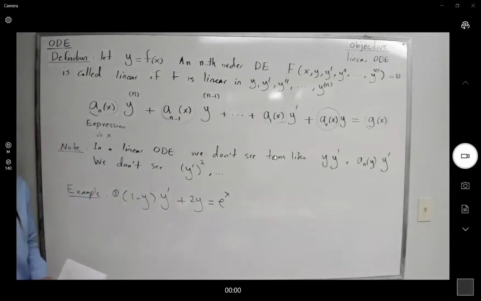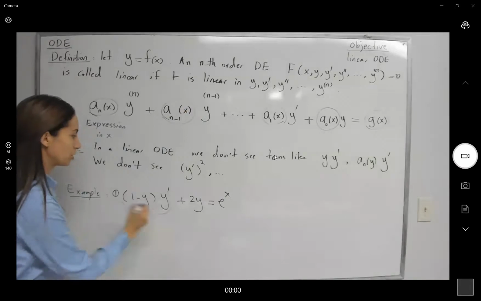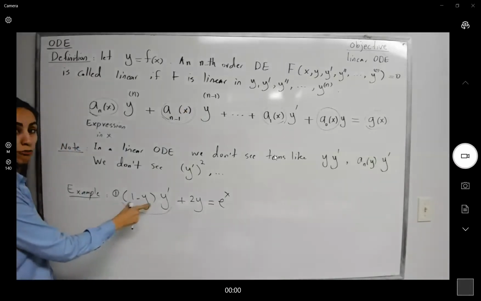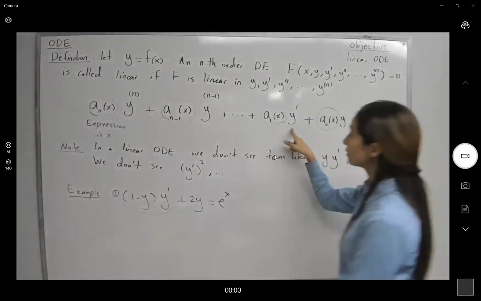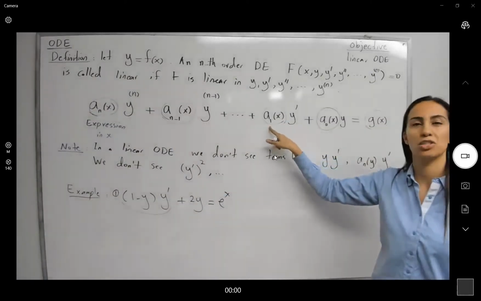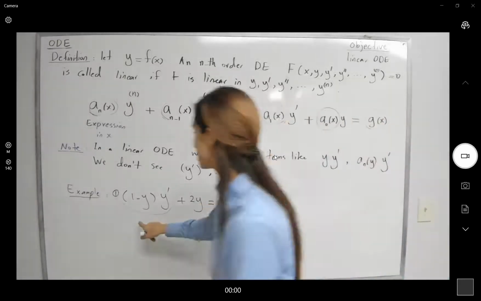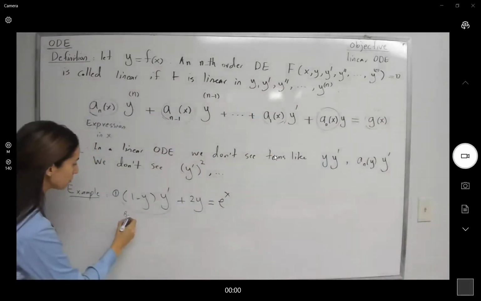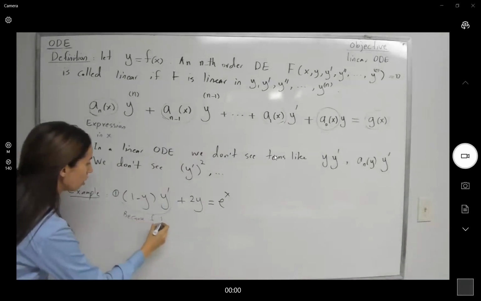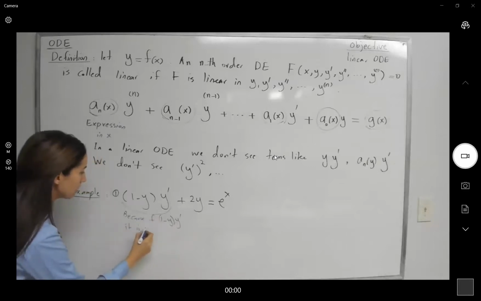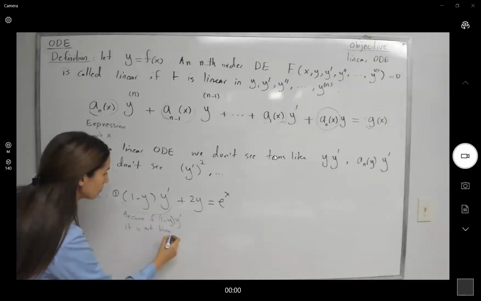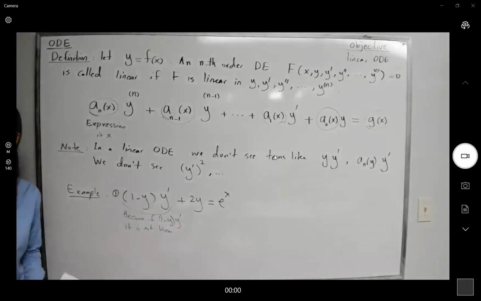Let's take a look at the first term. Here you have an expression in y multiplied by the derivative. Next to the derivative of y, you must see an expression in x, not y. So this is the red flag: 1 minus y times y prime is not linear. So this is not a linear differential equation.